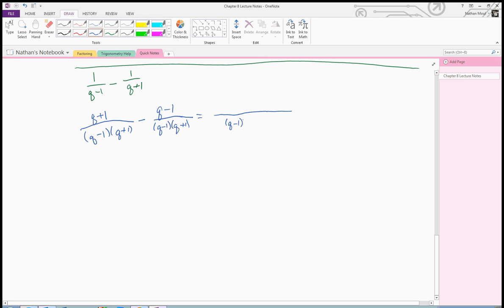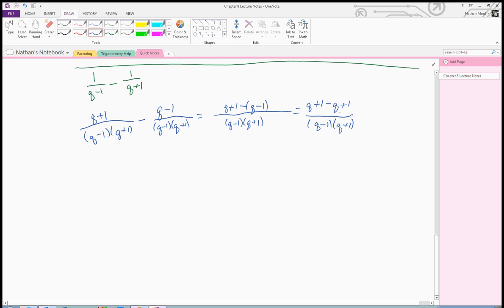Q minus 1, the quantity of Q minus 1 times the quantity of Q plus 1 as the denominator, and we'll have Q plus 1 minus Q minus 1. So that gives us Q plus 1 minus Q plus 1 over Q minus 1, Q plus 1.